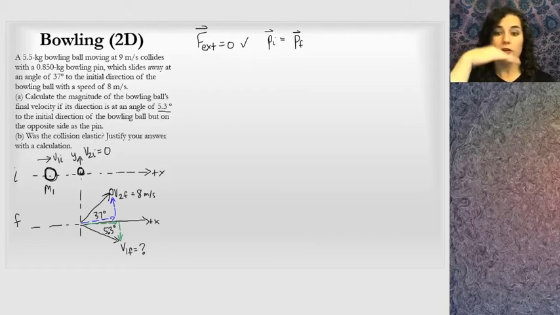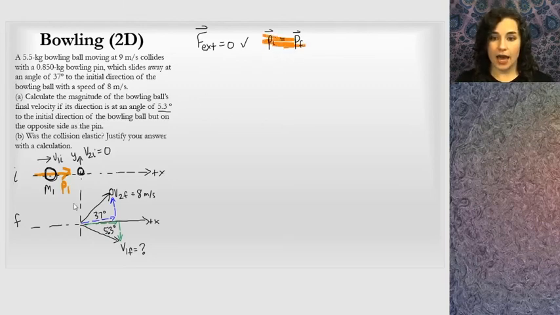Yeah, we have angles going on, right? But the initial momentum vector is just caused by M1. So there's P1. It's just caused by M1. It's in this direction. There's no components to it. What this concept is saying is that afterwards, P final is the same as the P initial. These two vectors are the same.